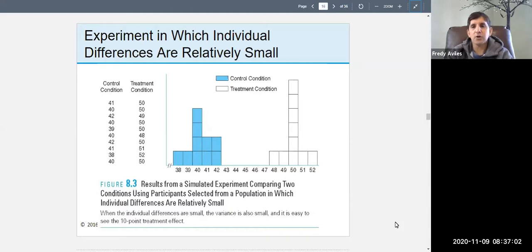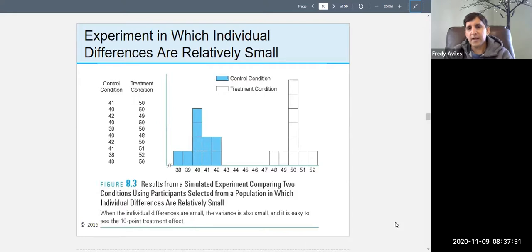And then you have your participants who were in the treatment group. Their scores are in white. And you can see that their scores also vary by about 5 points, it looks like. Now because the scores don't vary very much within the groups, you can see the difference between the control group and the treatment group very easily.